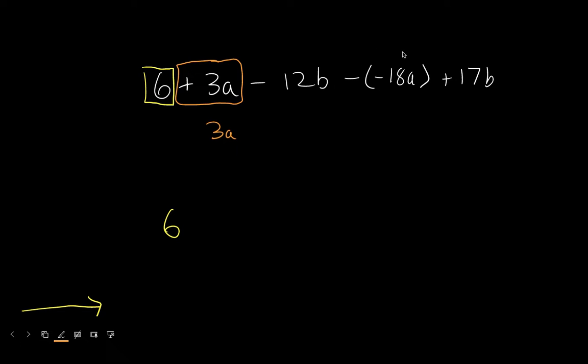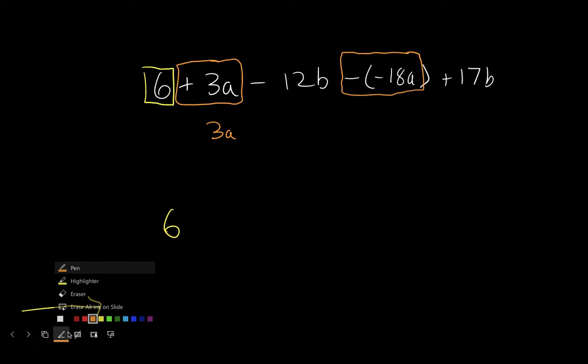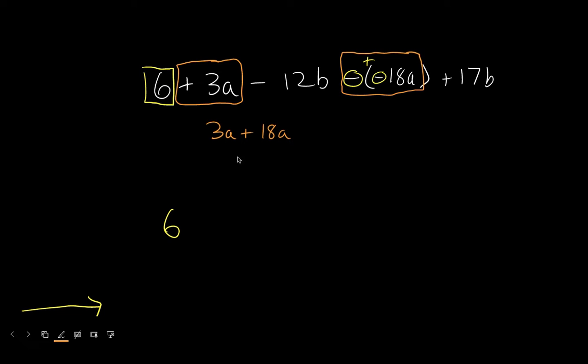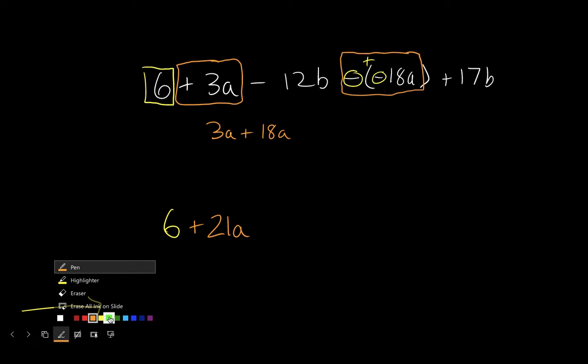We keep going, we have this minus negative 18a. Since we have these two negatives here, that automatically becomes positive. So we have 3a plus 18a, that becomes 21a. So positive 21a, and we're going to put it into our final equation. Now we keep going.